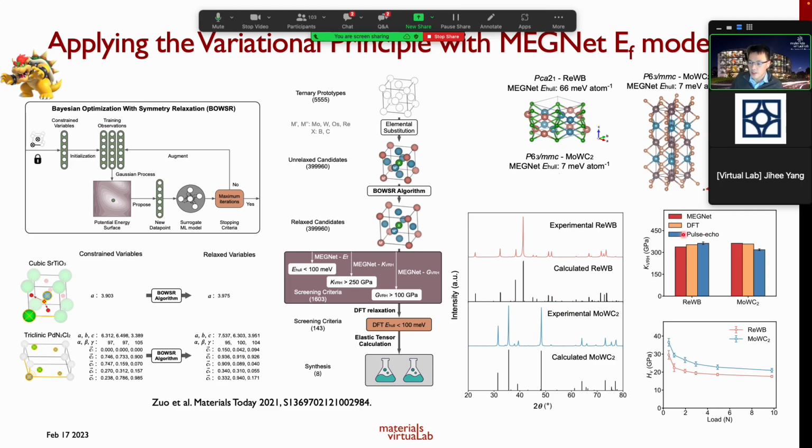He also measured things like the bulk modulus and the hardness using pulse echo measurements, and you can see that the experimentally measured properties are very much in line with what is predicted from our machine learning model as well as from our DFT calculations. Okay, so even something simple like this, you can use it for effective screening of materials for various applications.